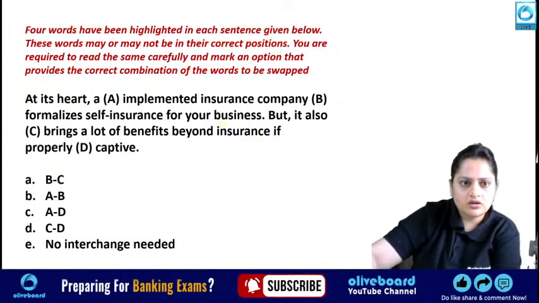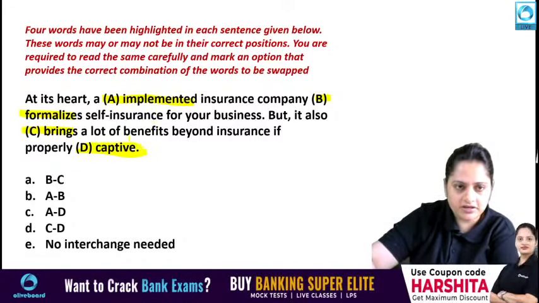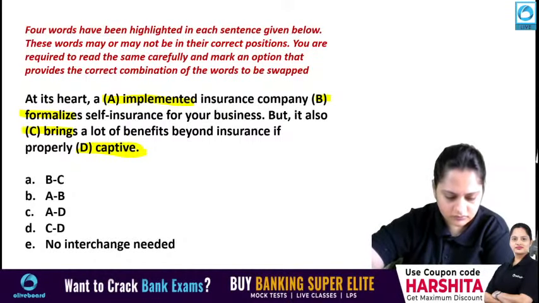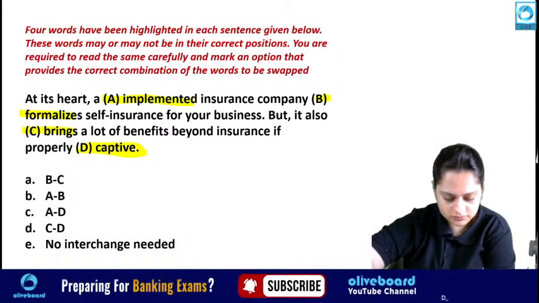Okay, the 10th one. You have the words here, guys: implemented, formalizes, brings, captive. Quickly, anything that needs to be interchanged, these are your words highlighted. You can do this very quickly in the exam. Word interchange.